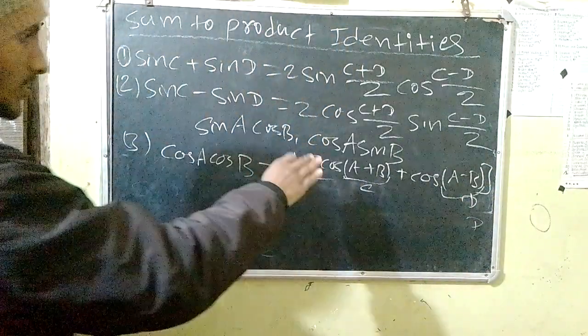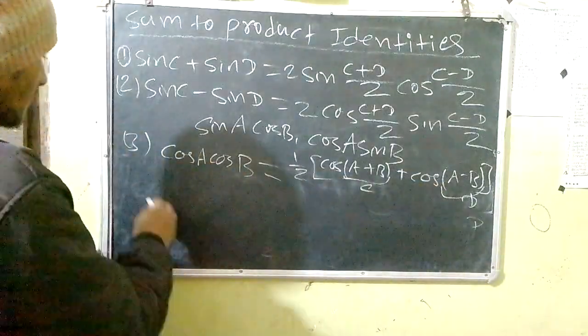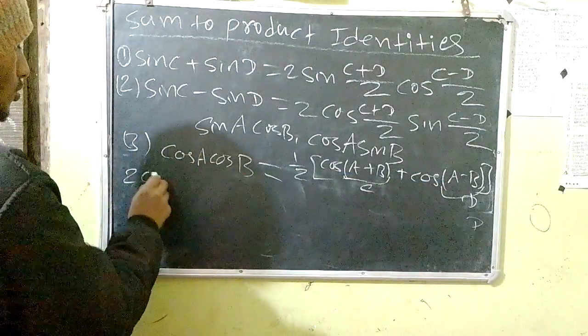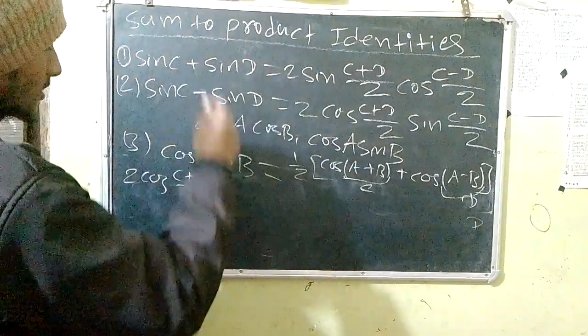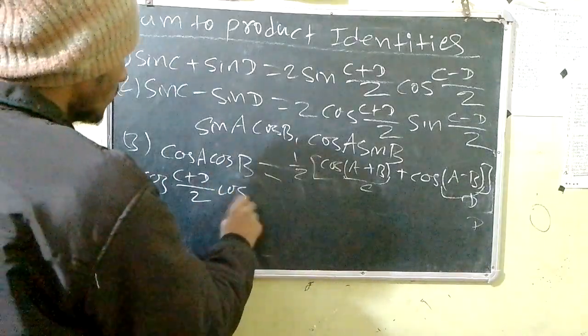So suppose that those are C and D, then this will be 2 cosine A, and A will be C plus D over 2, because we have done this kind of calculation right now.